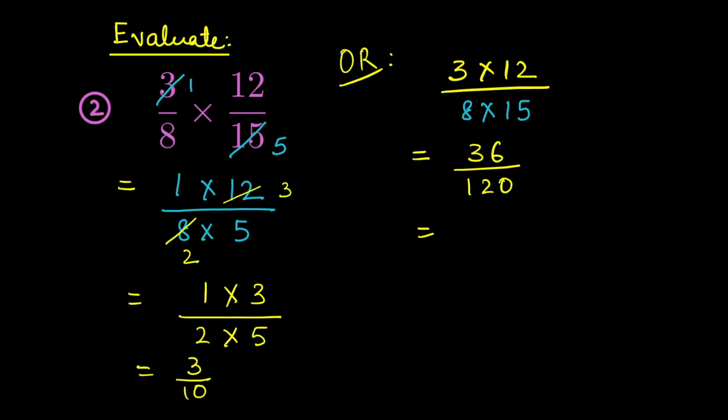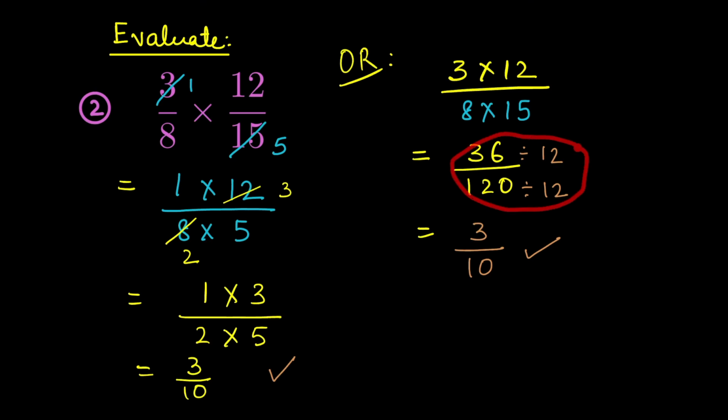So we divide both of them by 12. 36 divided by 12 is 3 and 120 divided by 12 is 10. This is the same answer, but here you have to be very good in the multiples so that you're quickly able to understand that 36 and 120 are both multiples of 12. So it's always recommended to use the first method by reducing the numbers initially itself.